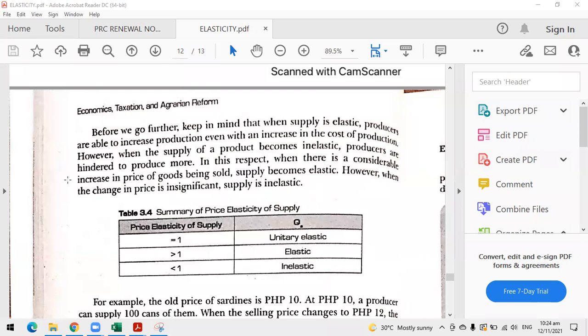Okay, so makikita niyo po kung mataas yung presyo, malamang sa malamang magiging elastic yung supply. Bakit? Siyempre, more than willing silang mag-produce kasi malaki yung kikitain nila. Okay? However, when the change in price is insignificant, then supply is inelastic.